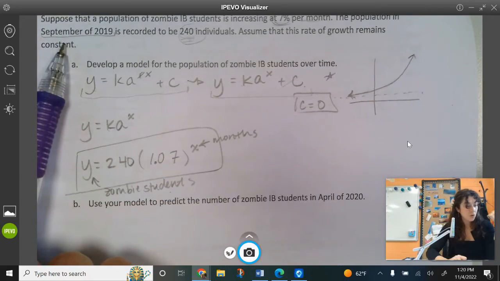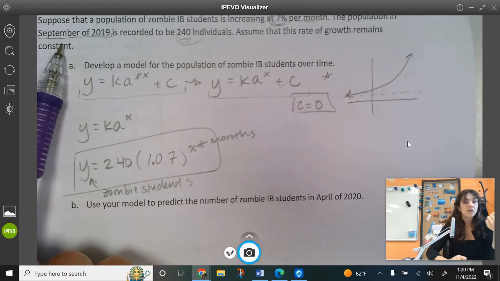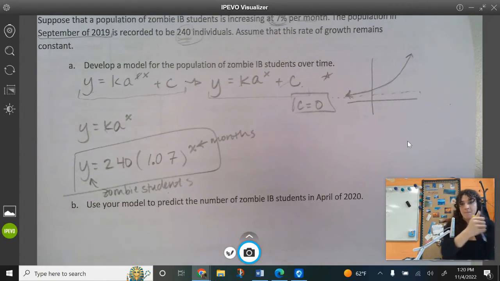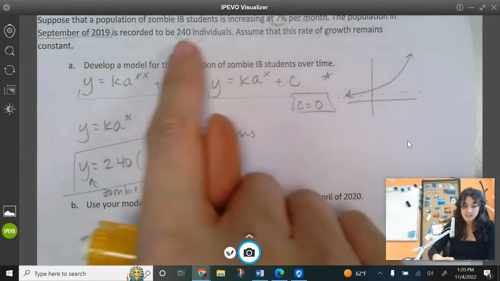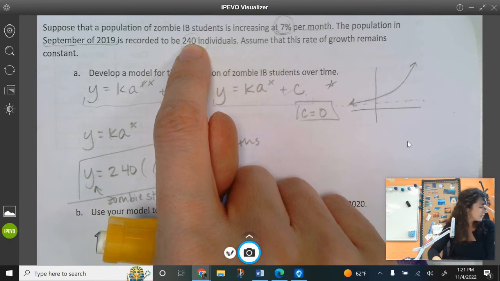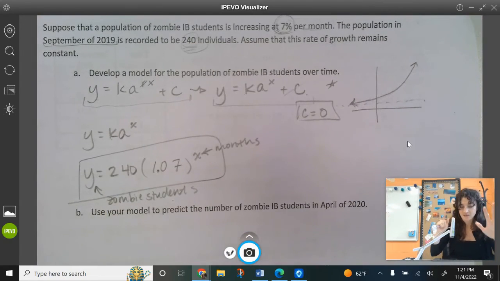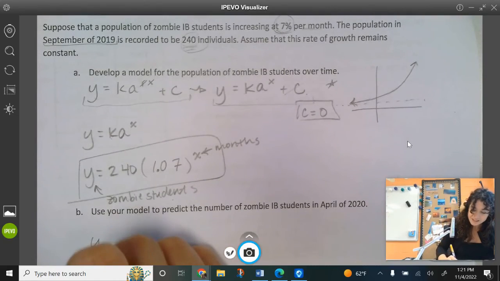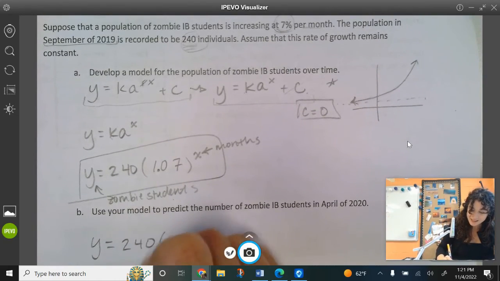So September to October, November, December, January, February, March, April. Yeah, no, that's right. 7. Okay. Whew. 7 months later.